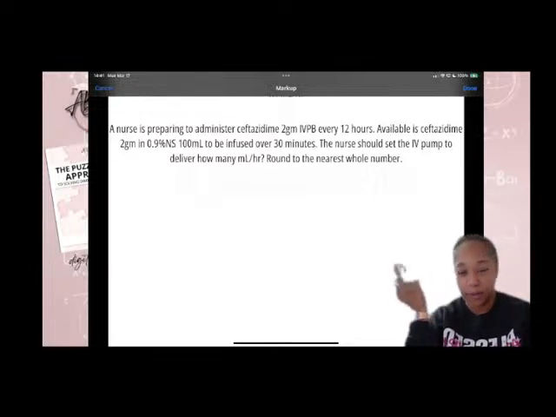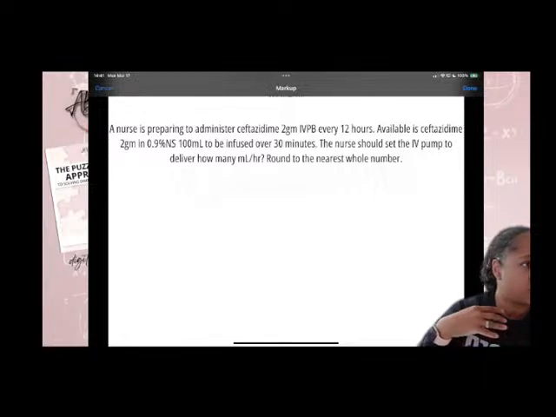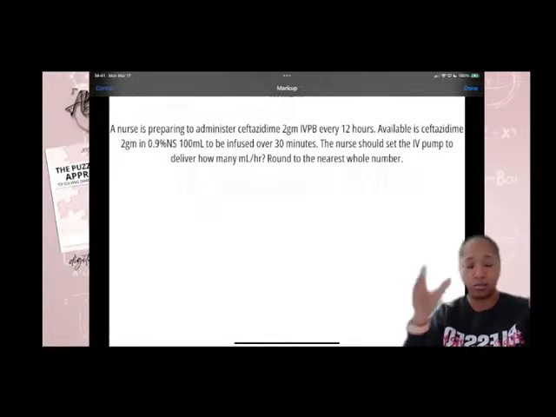So when you get a puzzle, it comes in a box. That picture on the box is what your puzzle is supposed to look like once it gets completed. So what we will do is see what our puzzle pieces are. Your puzzle pieces are your medicines, your weights, your volumes. Anything that's together stays together.